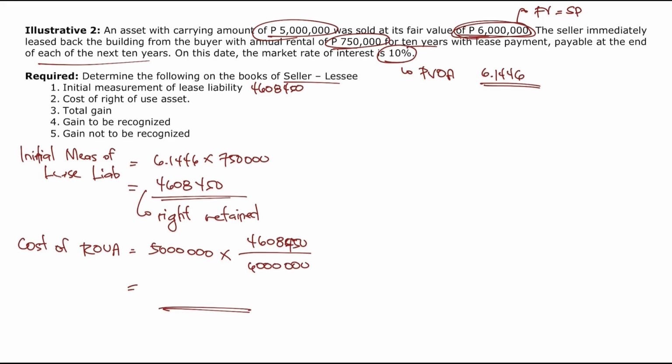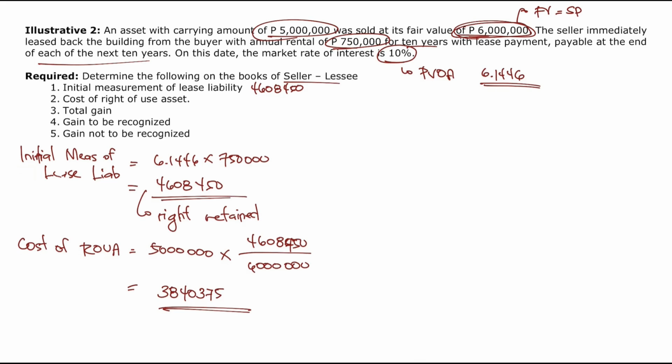So, magkano ngayon yung cost ng ROUA natin? 5 million times 4,608,450 divided by 6 million. This is actually equal to 3,840,375. Okay?